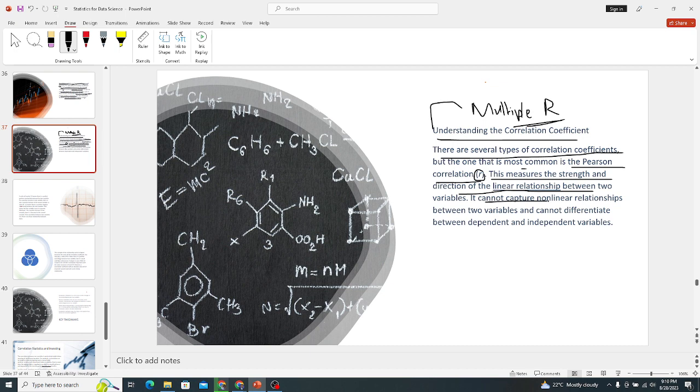It cannot capture nonlinear relationships.